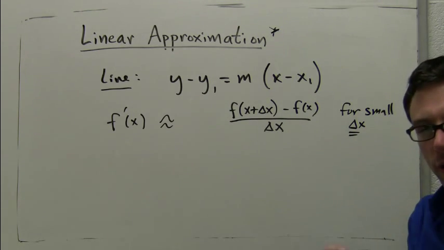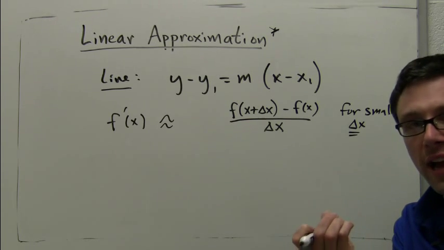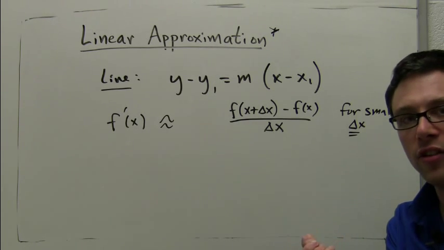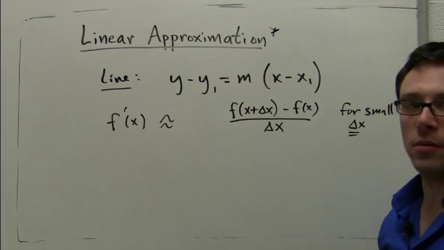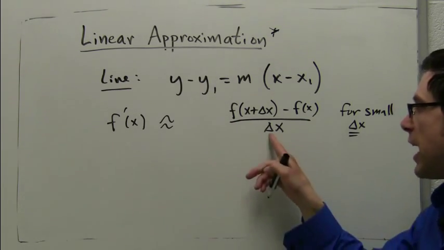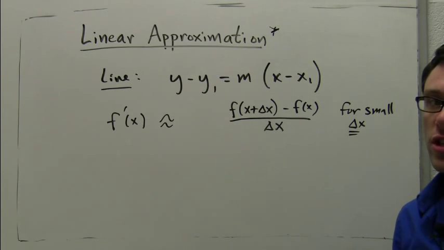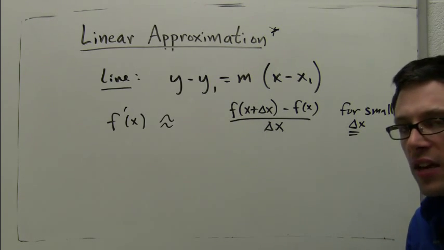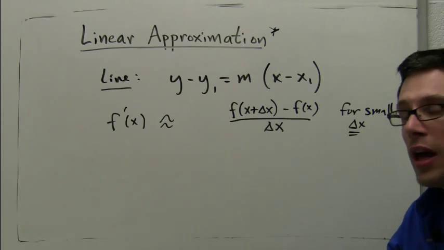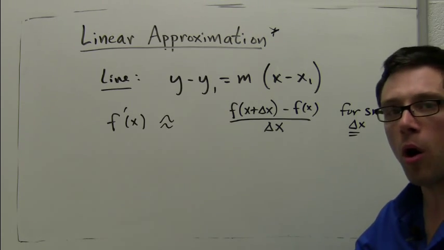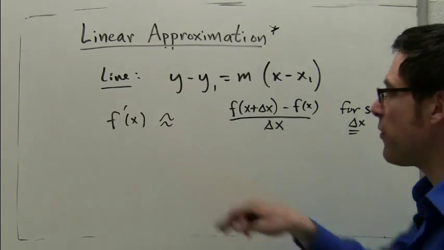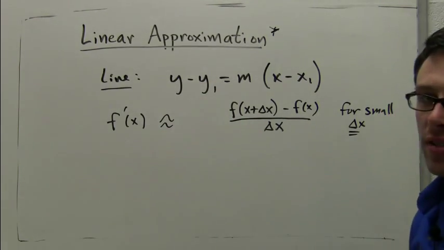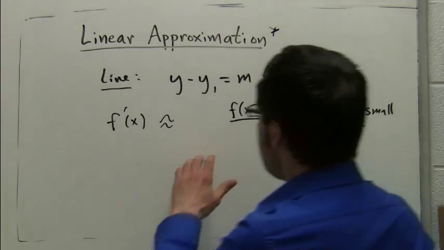For a small distance away from my x value, this is going to be a pretty decent approximation, and the smaller the delta x is, the better the approximation is going to be. And that's the idea of the limit, the limiting value. As delta x gets very, very small, I get closer and closer to this being an equal sign. But if I remove the limit sign, I just throw the approximation on there.